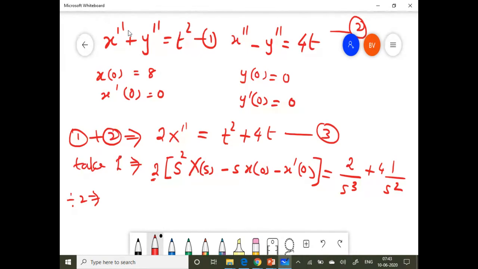X of 0 is 8, x prime is 0. S square x of s minus 8s, third term is 0, is equal to 1 over s cube plus 2 over s square. We divide by 2 both sides. Keep x of s on the left side. Everything else should go to the right side, isn't it?